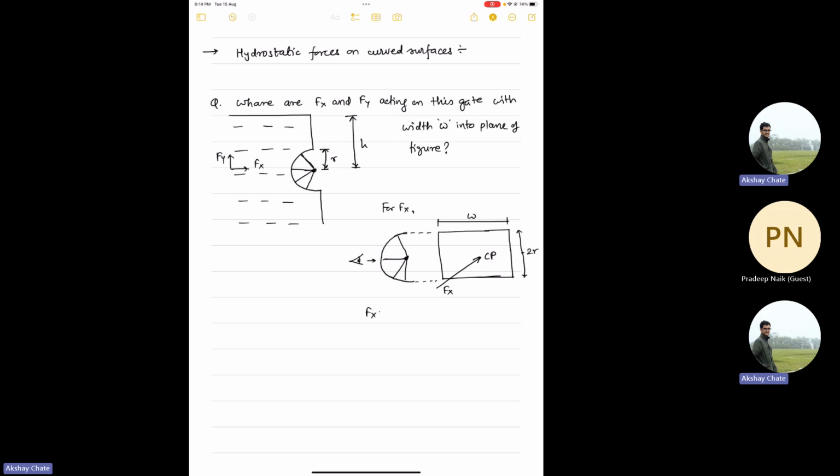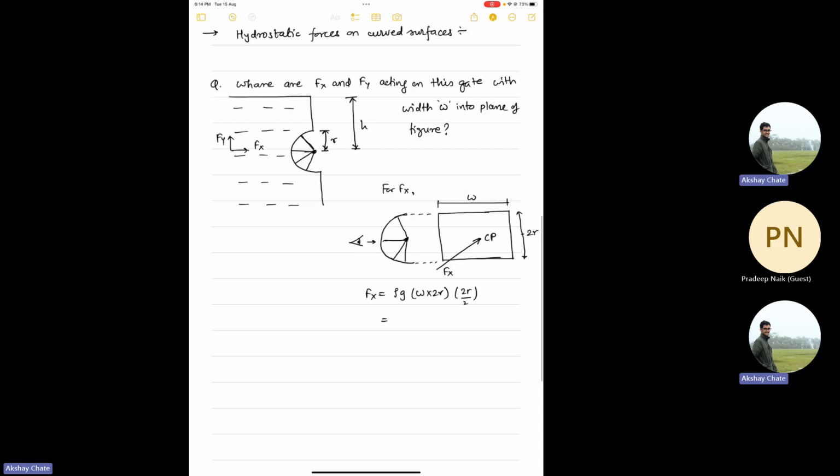Fx, as we have discussed, is typically rho g into the area, which is W into 2r, into the CG of this projected area. That will be at h by 2. Oh, sorry, here h is actually 2r, so that will be 2r divided by 2.